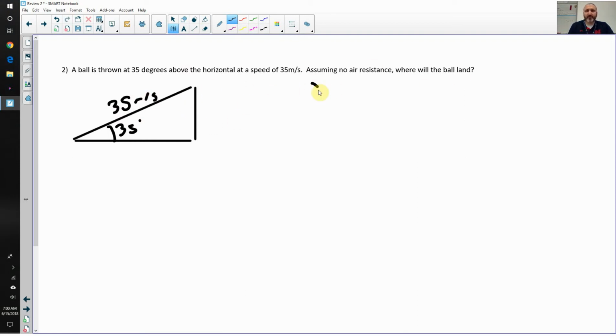Now we can make a chart: VI, VF, A, T, D. And I hope that you remember when we're dealing with two-dimensional projectile motion, the acceleration in the x is 0, the acceleration in the y is negative 9.8. But this 35 doesn't go into either the x or the y.